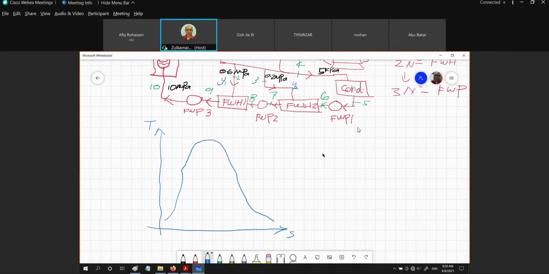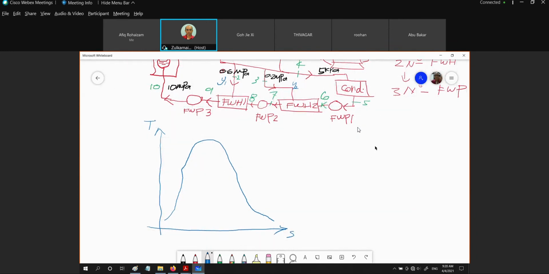We need to sketch the expansion process. For sure, we have three pressures. The highest pressure is the boiler pressure. This is your first bleeding process for feed water heater number 1. This is the second pressure, the extracted steam or bleeding steam at feed water heater number 2. And this is our condenser pressure.